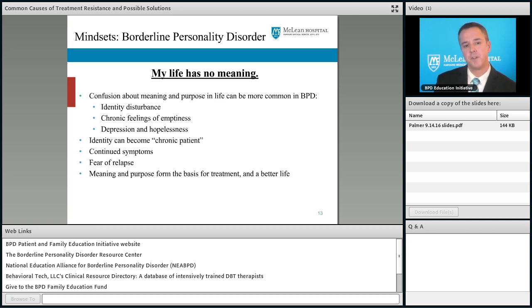For some people, it can be a fear of relapse. So even people who go into remission from borderline personality disorder, they can remember the living hell that they were in 3 years ago when they were attempting suicide, when they were cutting themselves, when they just had trouble existing.